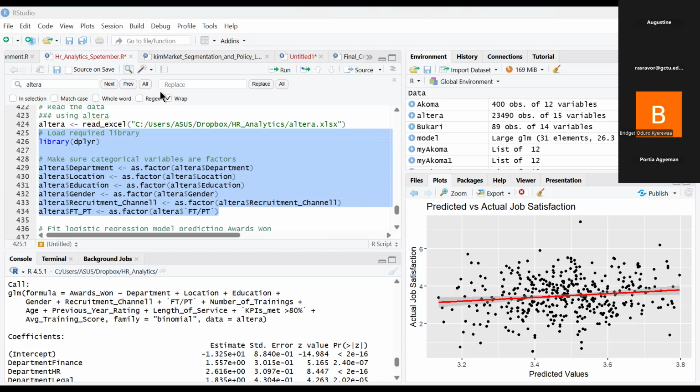Please, can you see it in the chat? Yes, Prof. So copy it. Can we move on, please?